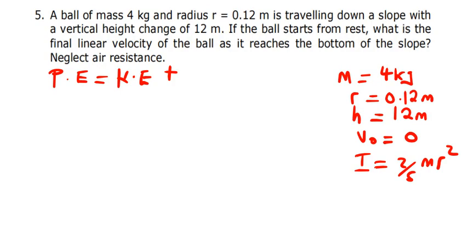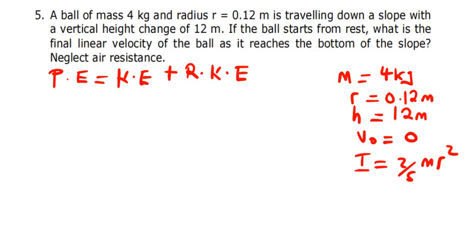Now your rotational kinetic energy is found by half of the moment of inertia times v squared. Let me write my rotational kinetic energy here, that is rotational KE.